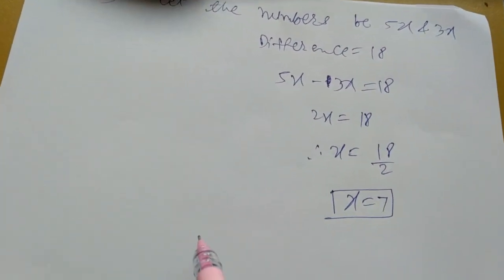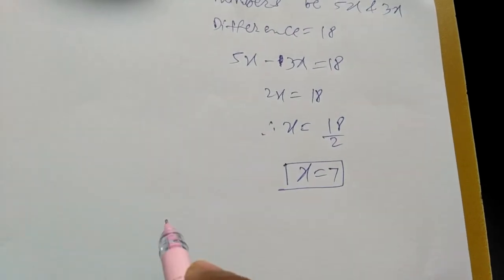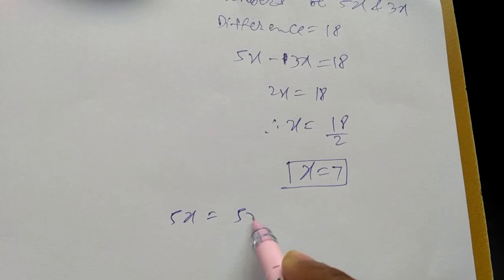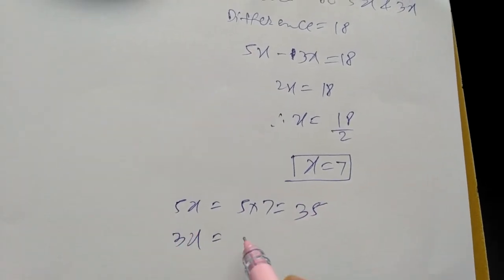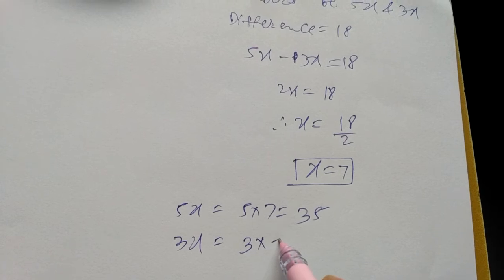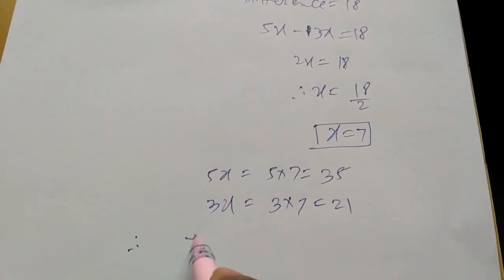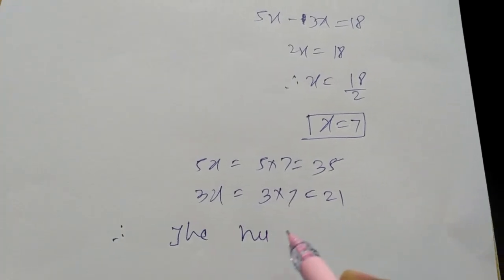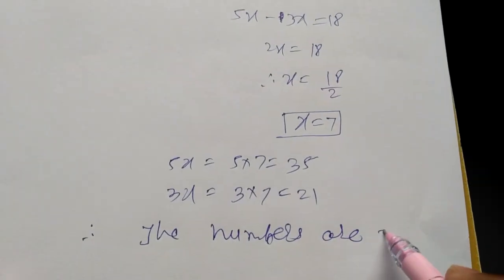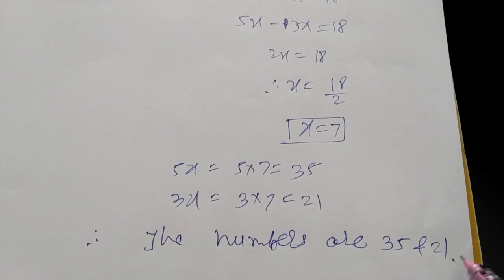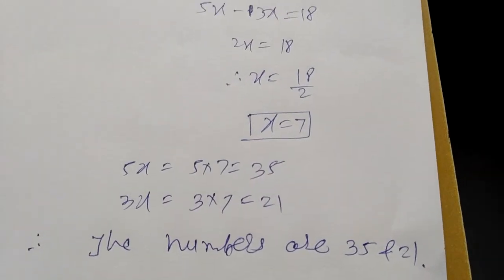But the numbers are 5x and 3x. So 5x is equals to 5 into 9 means 45. Next is 3x equals 3 into 9 is equals to 27. Therefore the numbers are 45 and 27.